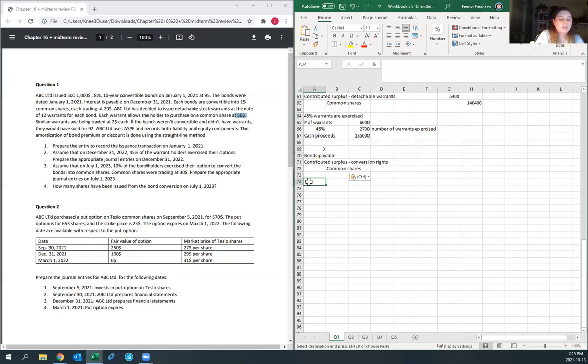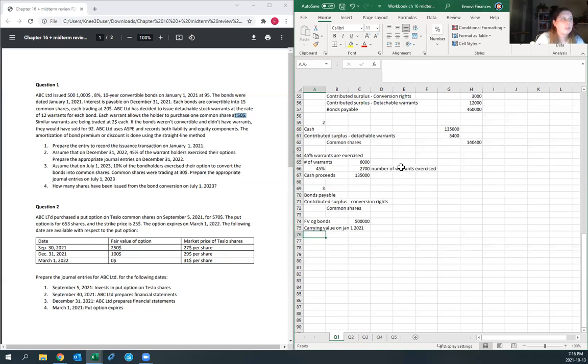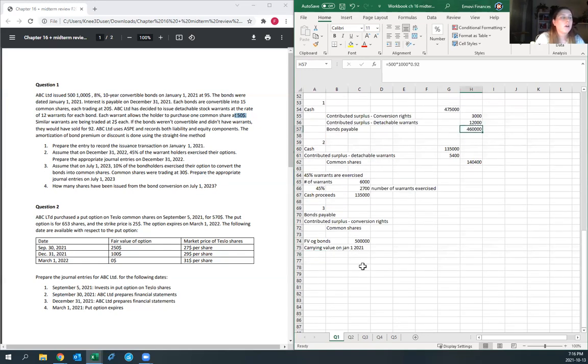So to find it, you have your future value of the bonds. The maturity value is 500 times $1,000, so 500,000. Then you have the carrying value on January 1st, 2021. That's the amount that we put in the bonds payable on the issuance transaction, which was 460,000.